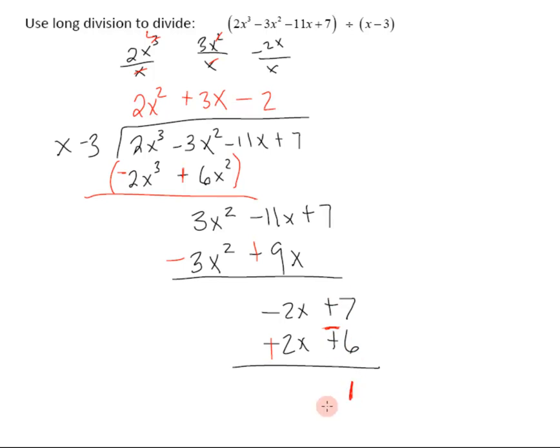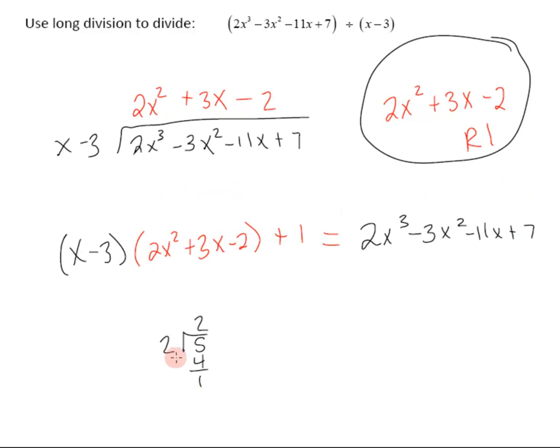Make sure you subtract. So my answer here is 2x squared plus 3x minus 2, remainder 1, or 2x squared plus 3x minus 2 plus 1 over x minus 3. Either answer is fine. They both mean the same thing.